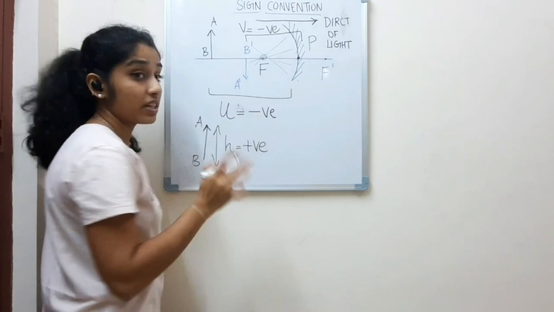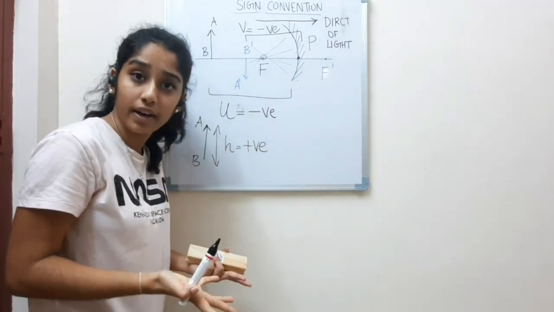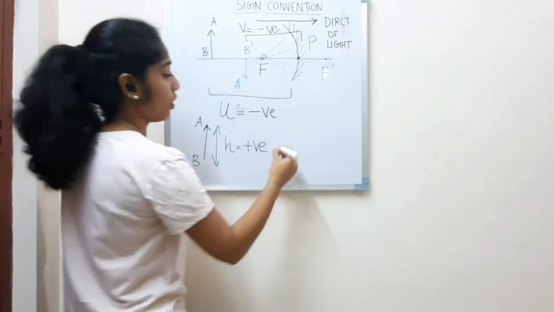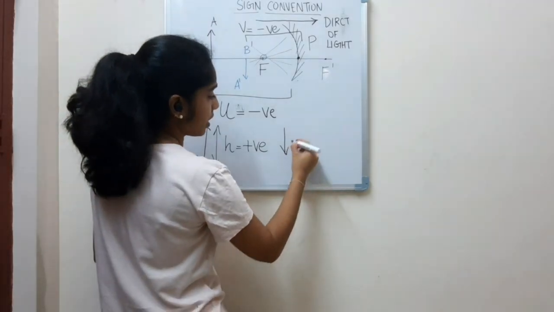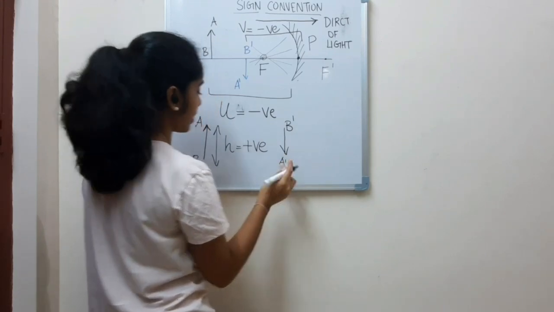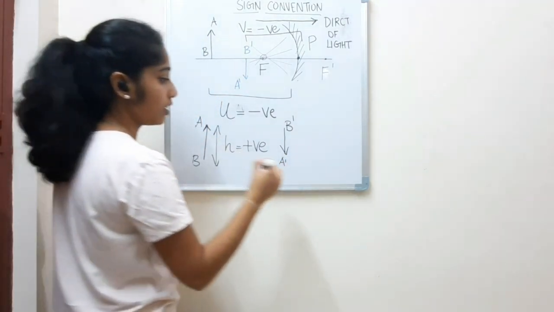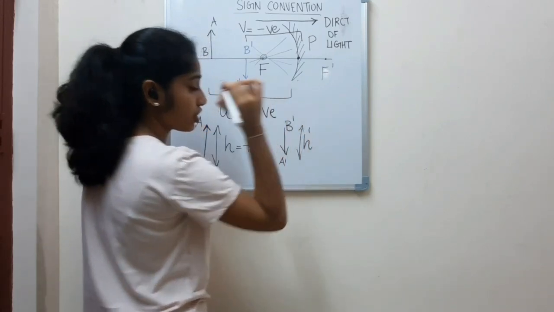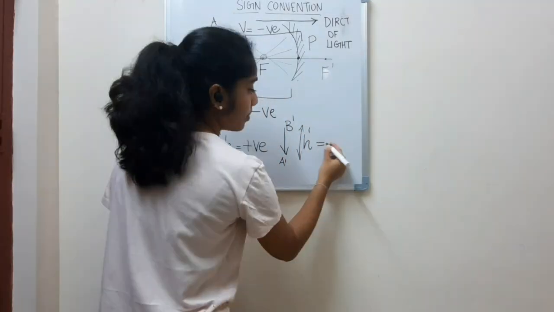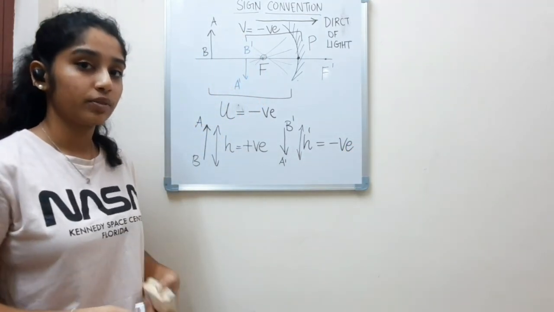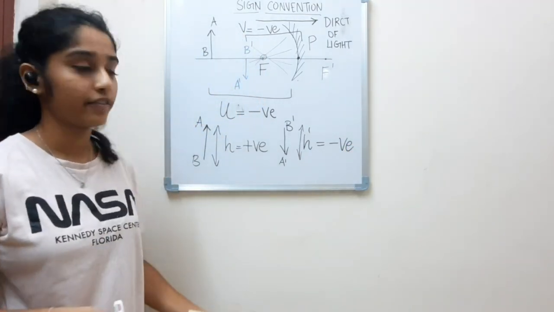Now your image is inverted with respect to your object right here. So the height of this is h dash, and this will be negative. So whatever is inverted with respect to the object will be negative, right?